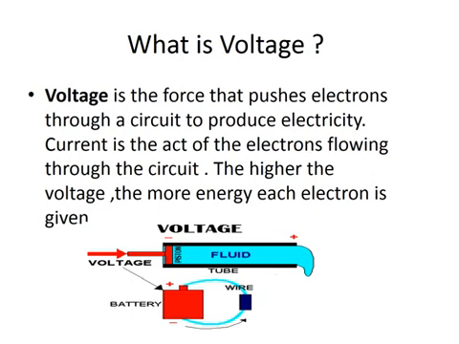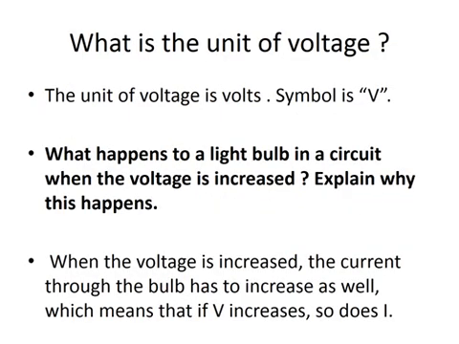The next question is, what is the unit of voltage? The answer to the question is, the unit of voltage is volts, whose symbol is capital V. Now the next question is, what happens to a light bulb in a circuit when the voltage is increased?